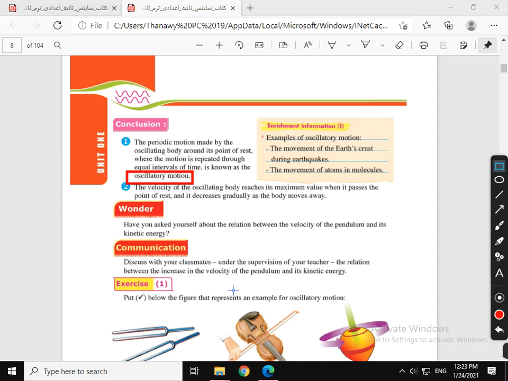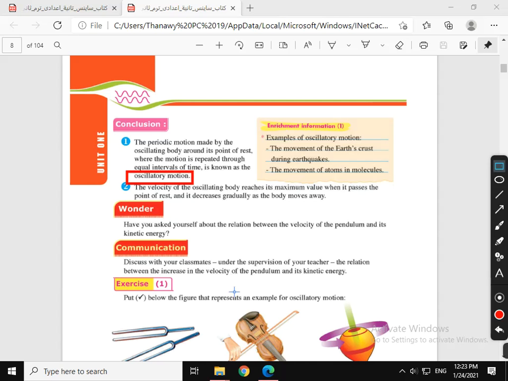Okay, let's focus very well that the kinetic energy is directly proportional to the mass and v square, and the kinetic energy increases as the velocity of the oscillating body increases, and so on.